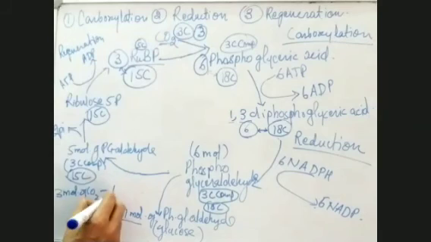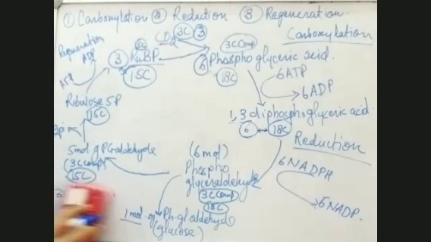So from 3, 1 was formed. That means when from 3, 1 was formed, how many are required to form more than 6?